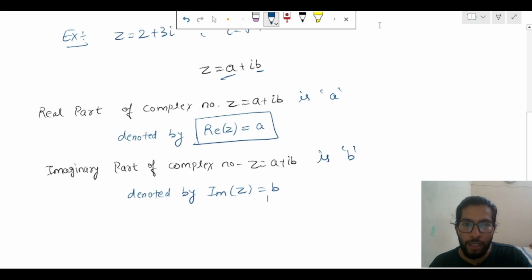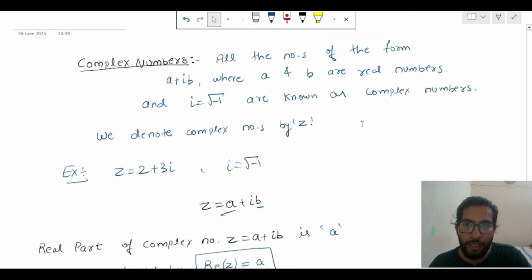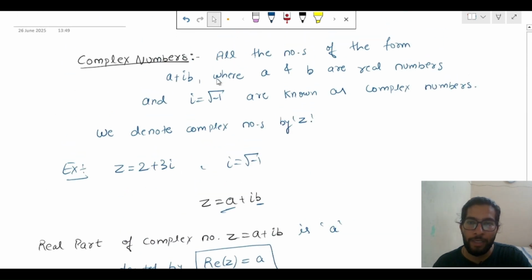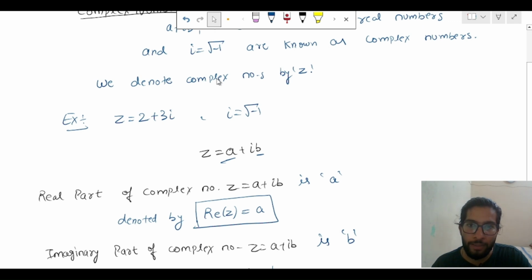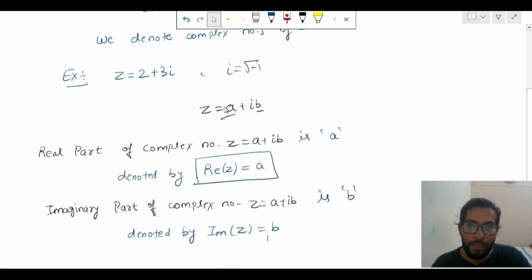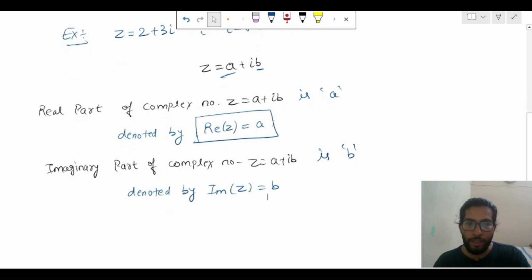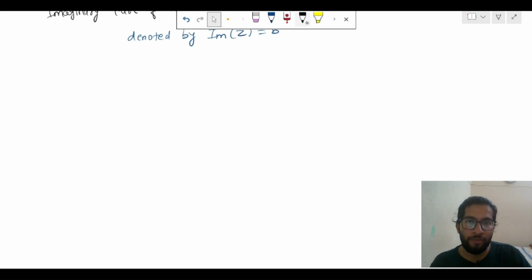Okay, so now we have done the concept of complex numbers, and there are two parts in complex numbers. One is real part and another one is imaginary part. Now I am giving you a question to solve so that this concept will be strong.